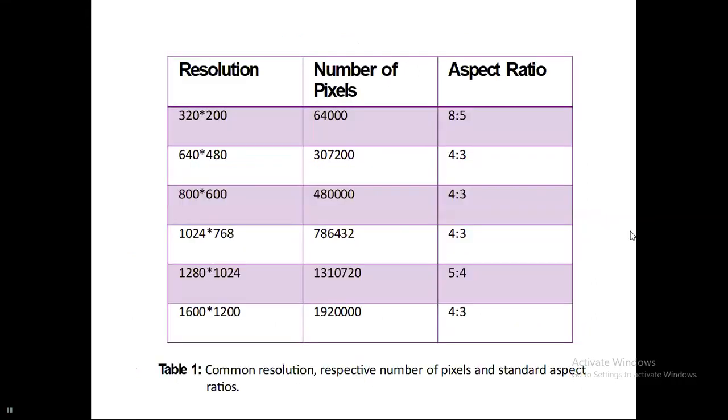Now these are the common resolutions, the respective numbers of pixels and the standard aspect ratios. In earlier days, the resolution was 320 by 200. The number of pixels, if you multiply, was 64,000, and the aspect ratio calculated from 320 by 200 is 8:5. Then came the 640 by 480 resolution, with 3,07,200 pixels, and the aspect ratio was 4:3.